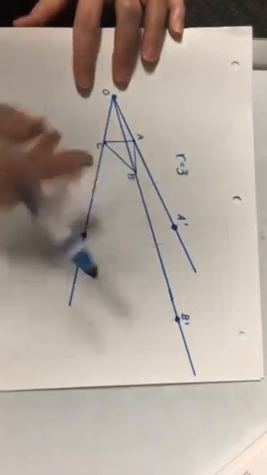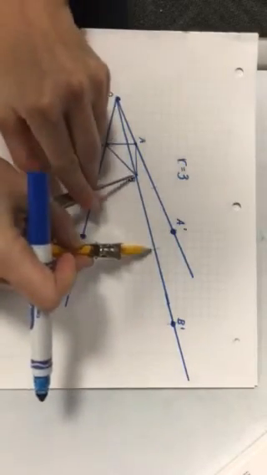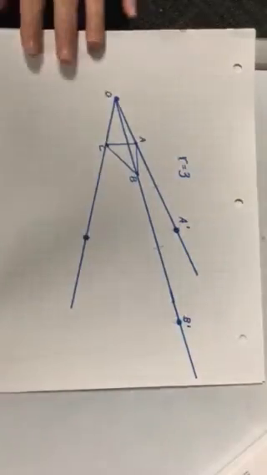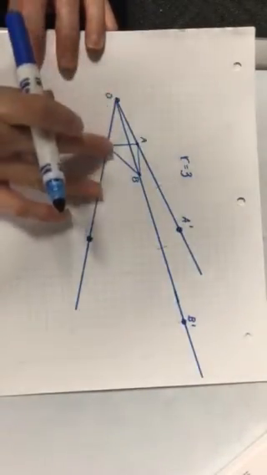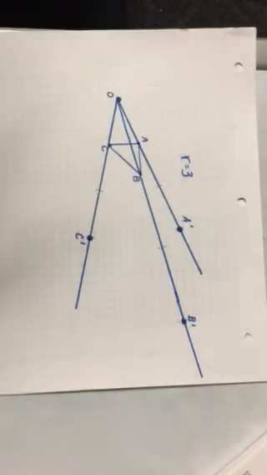So this was 1, 2, 3. Okay. And I did the same thing with C. I did 1, 2, 3. And there's C prime.